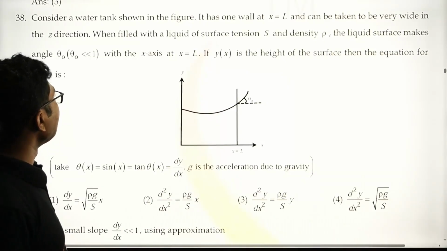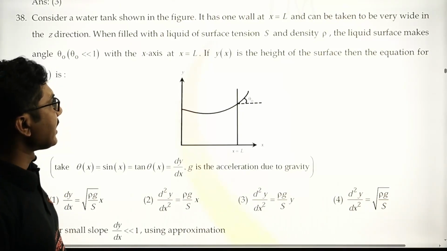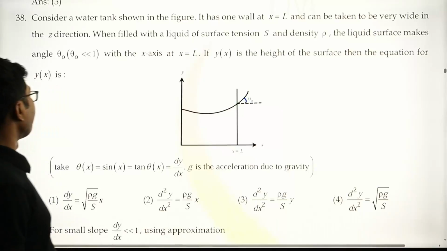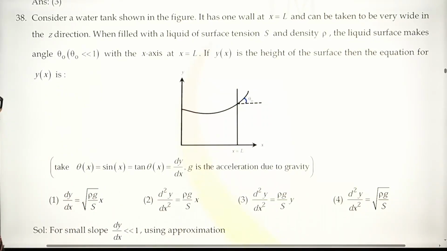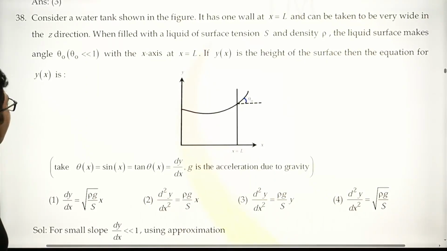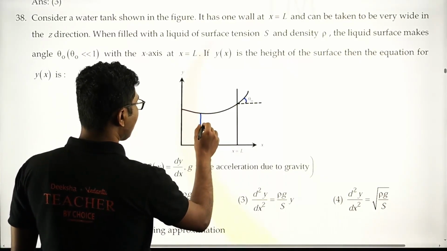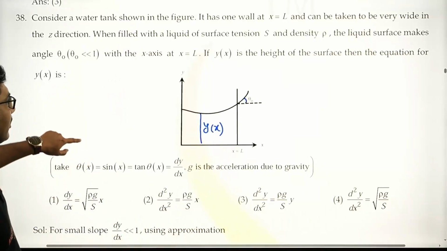When filled with liquid of surface tension S and density rho, the liquid surface makes an angle theta naught with the x-axis at x equals L. If y(x) is the height of the surface of the liquid, then the equation of y(x) is... So you have to find the equation for this y(x).